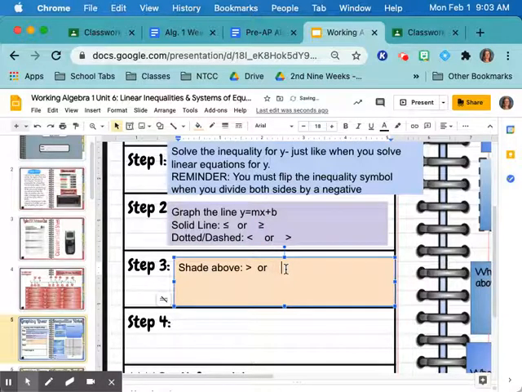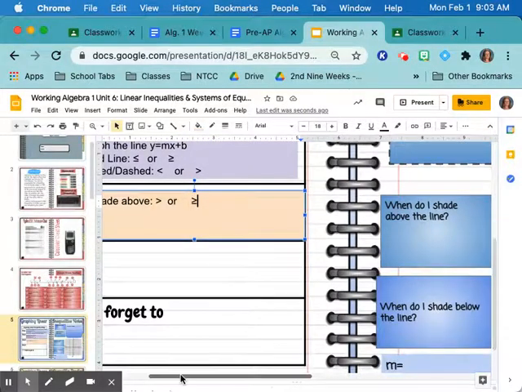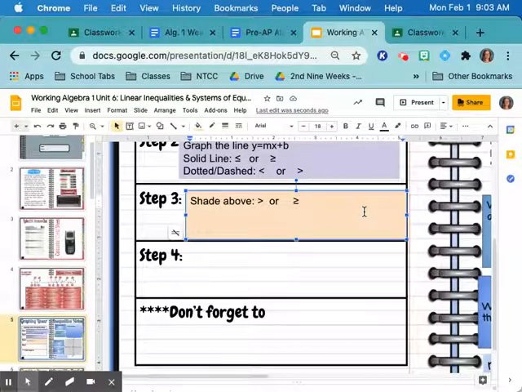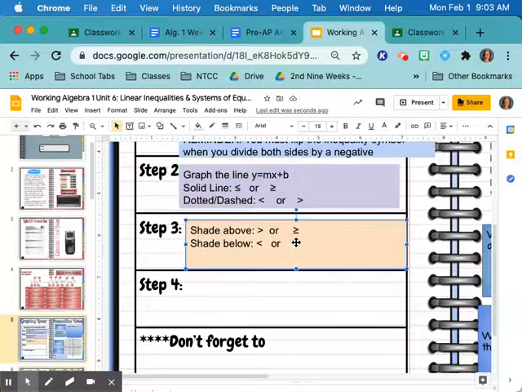I just copied that other greater than or equal to symbol that I already put here. So anytime it's greater than or equal to, you're going to shade above. You're going to go in the direction that is larger than that number or that equation or that line. Then shade below anytime it's less than or less than or equal to. I'm going to grab this less than or equal to sign to put over here.